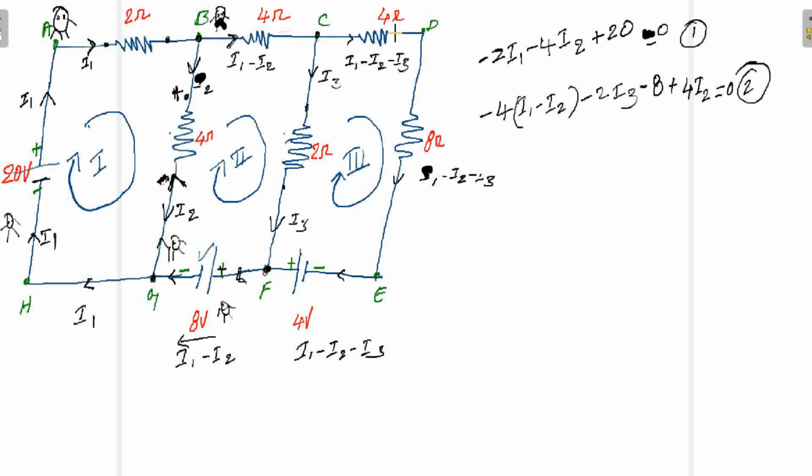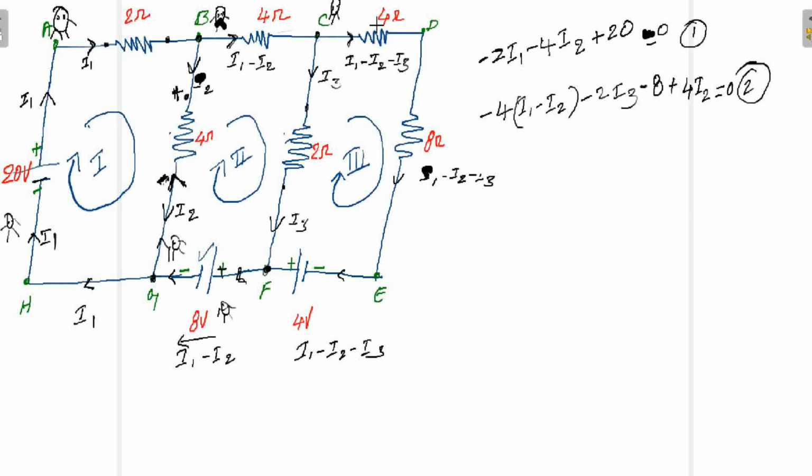Next, let us apply for the third loop. You have started the journey from this point. At this point, the current direction is the same as the direction of your journey, and the current is moving from C to D, and it came across one resistor. That is 4 ohms.